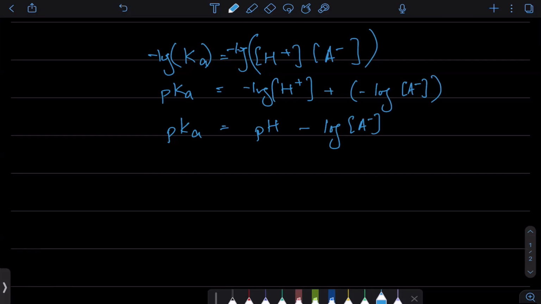An important understanding that you must have is, what is Ka? Just like any other constant, it is telling us the extent of the equilibrium. If it is a higher value, that means the equilibrium is going forward and favors forward.